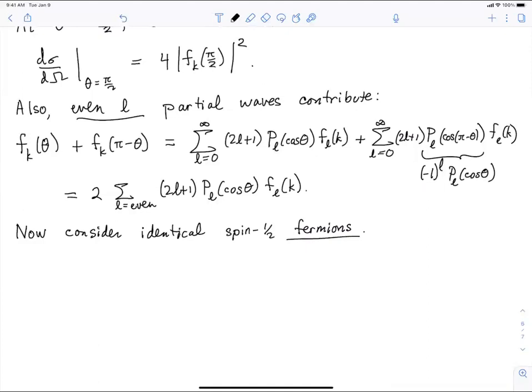And now there are 2 cases to consider, because we can consider what the total spin is, sort of like we considered for neutron-proton scattering last time, except now we have identical particles, so we have to be even more careful. So one case is if the total spin is 0.